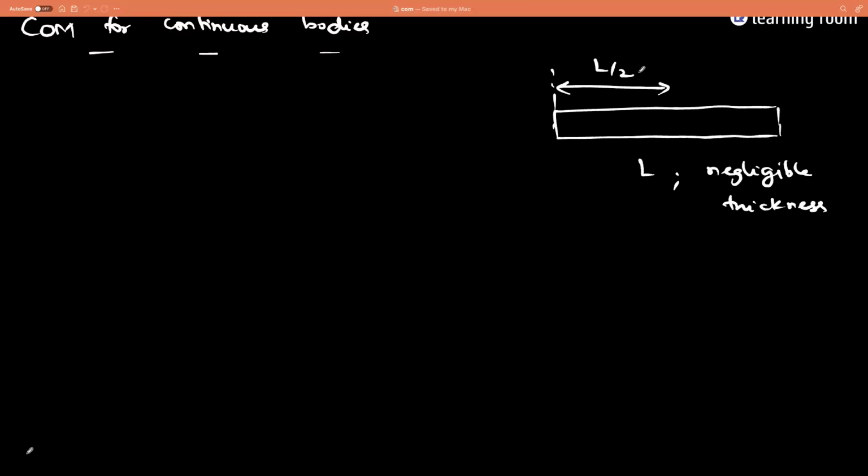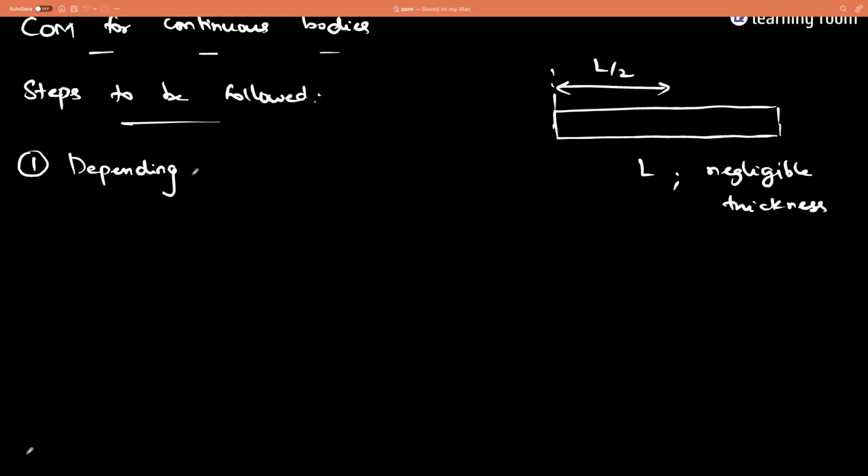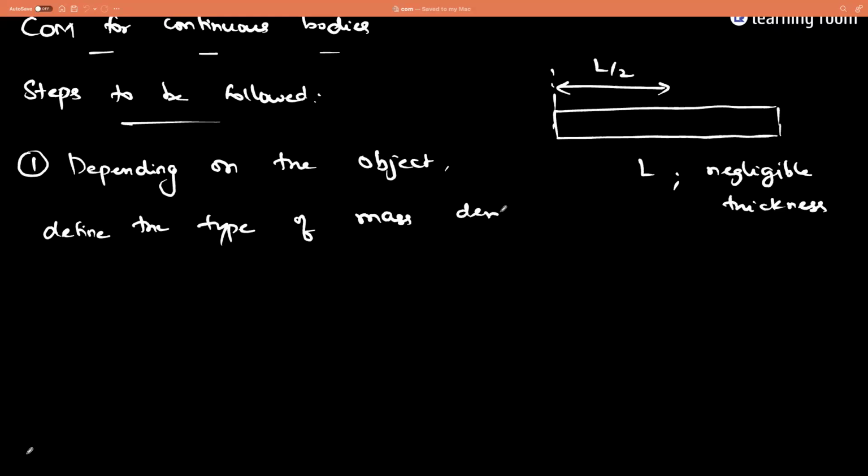For that, there are certain steps to be followed, of which the first step is: depending on the object, define the type of mass density. I'll tell you what that mass density is.